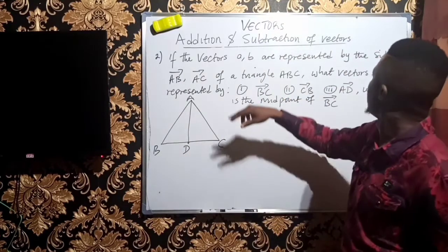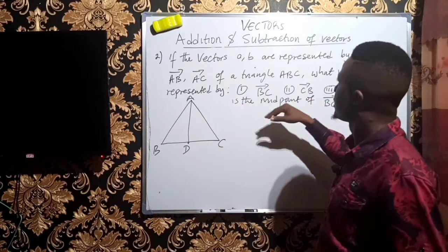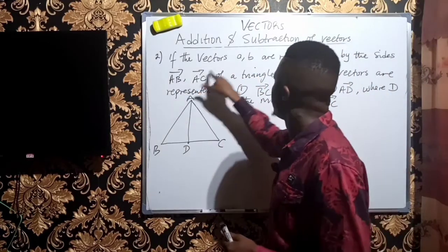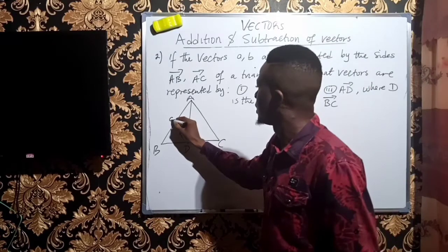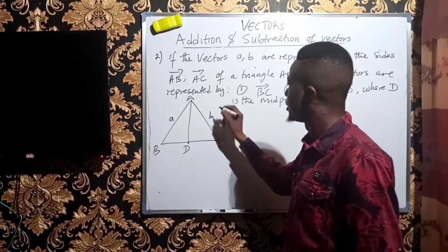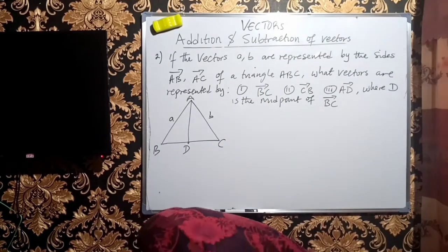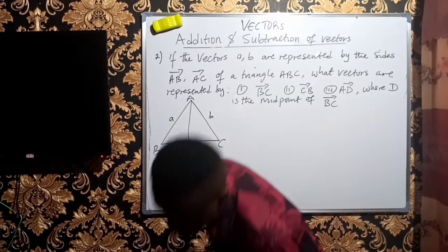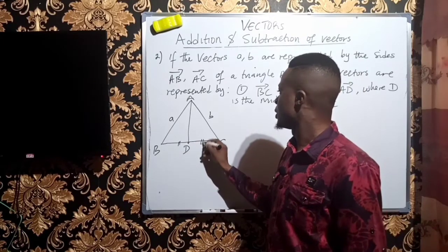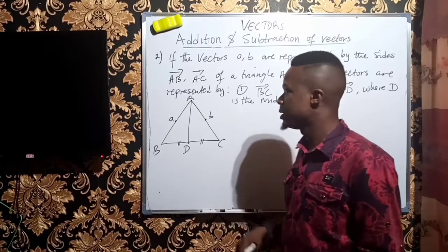And we are told that AB, AC are sides of the triangle, so vector AB is just A, and vector AC is B. You should know that this side should be equal to this side. These are equal since we are told that D is the midpoint.